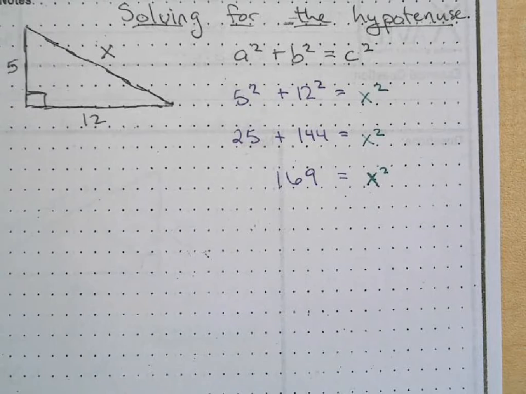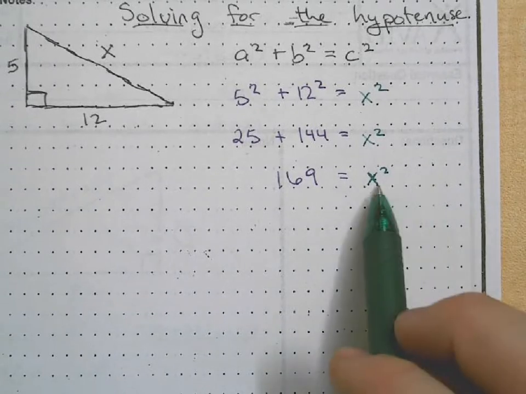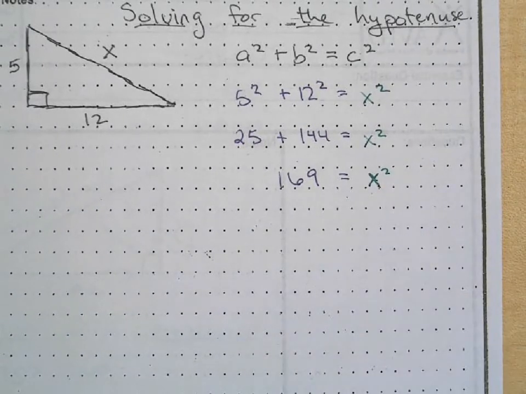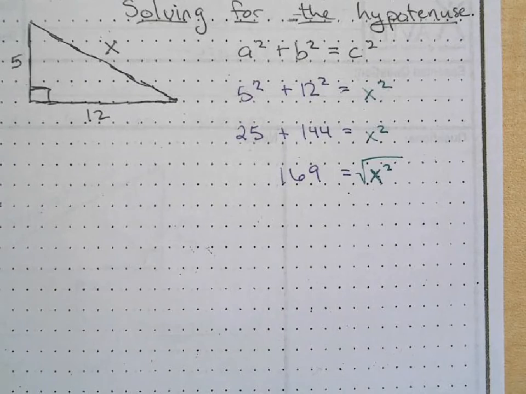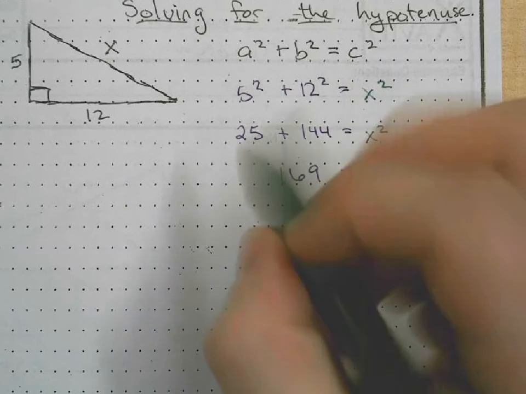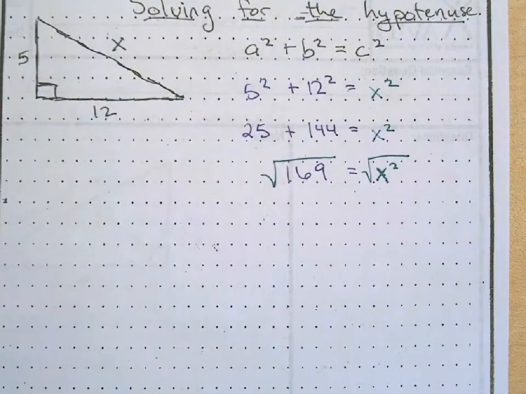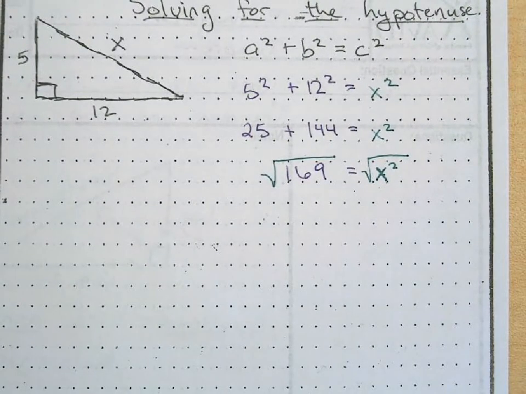Now, this is kind of the tricky part, I've got to solve for x. Well, to get rid of an exponent of 2, I just take the square root. A square root kind of undoes a square. So if I take the square root of one side, I then have to take the square root of the other side.